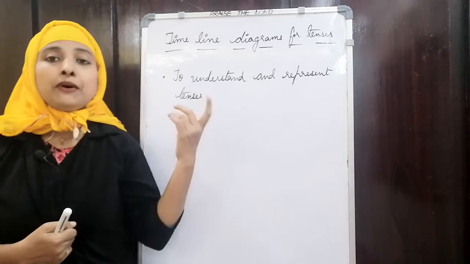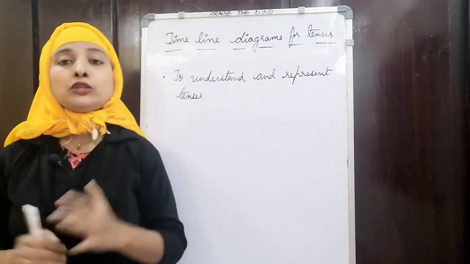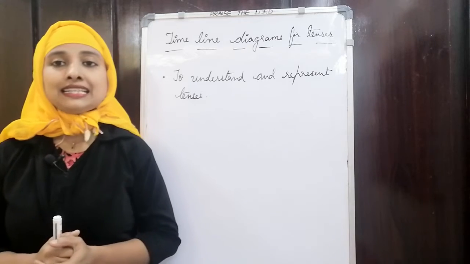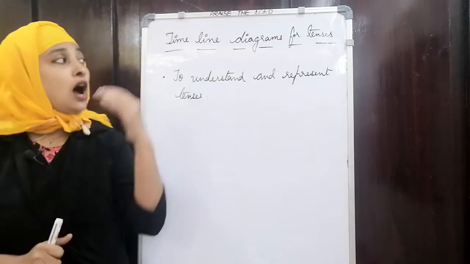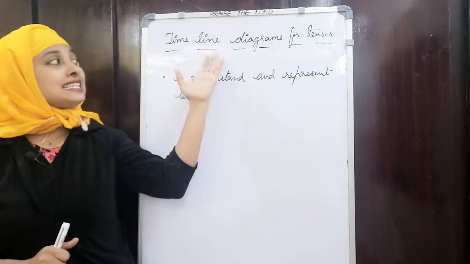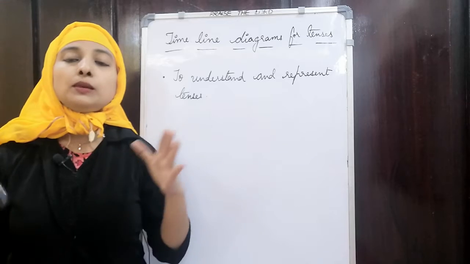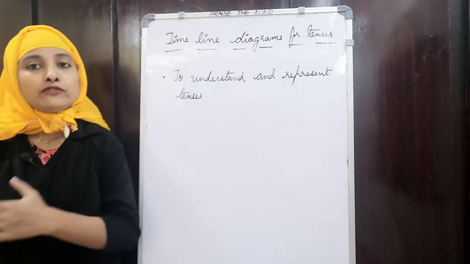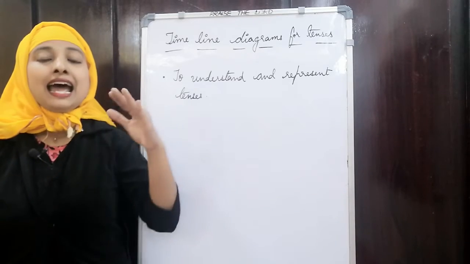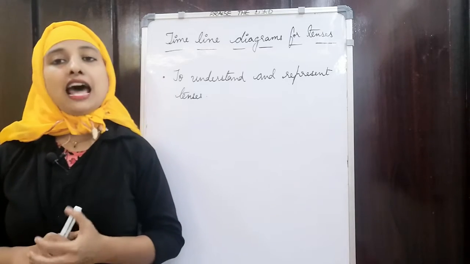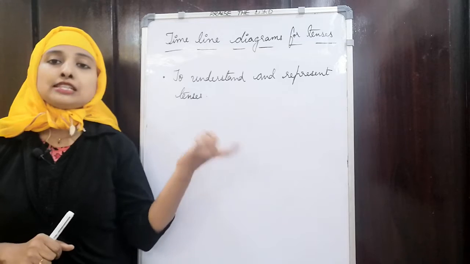With the help of a diagram, we will be able to represent the tenses in such a way that it will be easy to understand them, right? So what is this timeline diagram? It is just a line diagram wherein we represent the past, present and future on a single line, and we try to represent our events or aspects according to the situation.